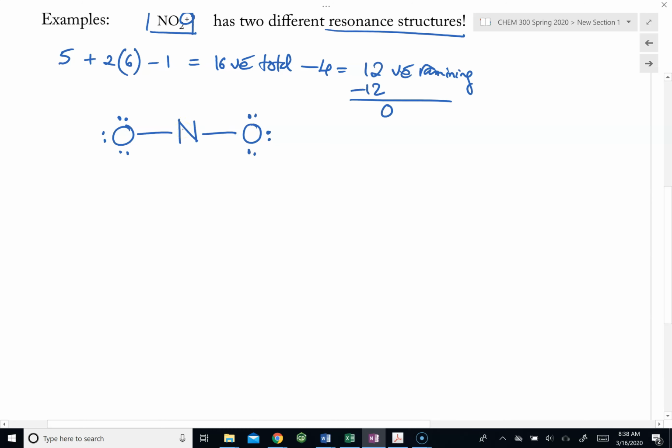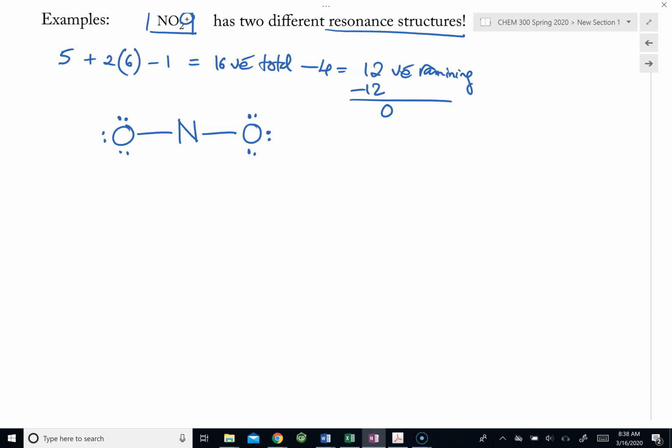So here is the part that will allow us to draw the resonance structures. How many ways, and in what way, can we move the lone pairs of electrons from the terminal atoms to the central nitrogen to complete its octet? We know that the nitrogen will need 2 more pairs of electrons to form double bonds to give it the complete octet.